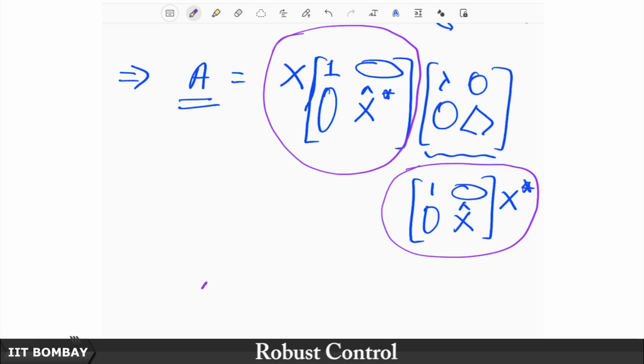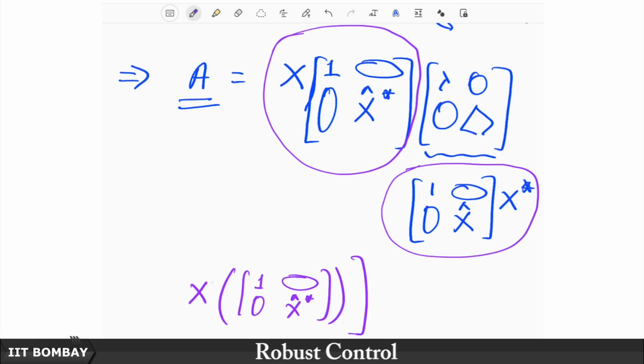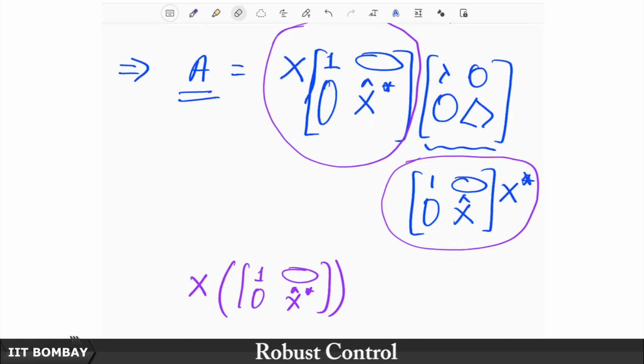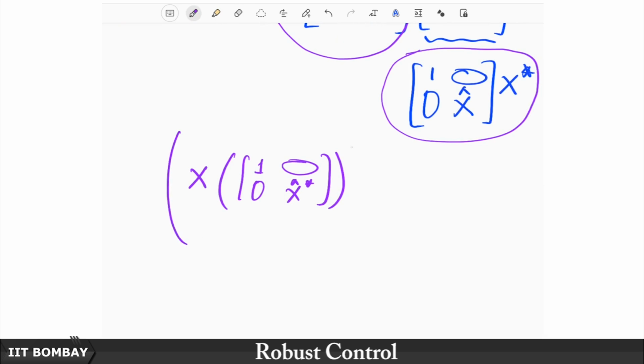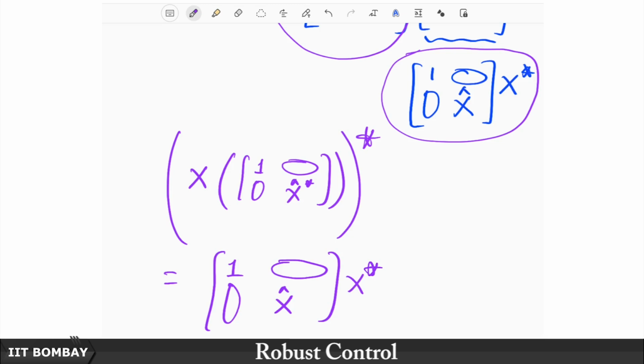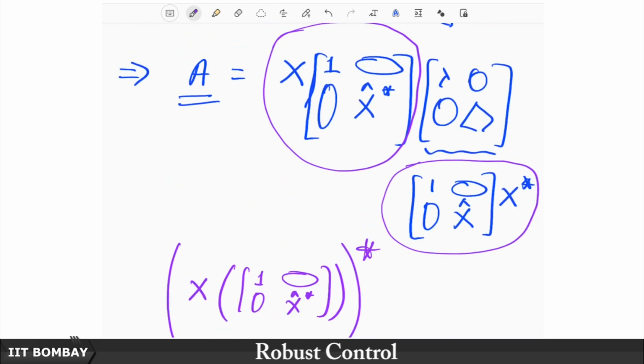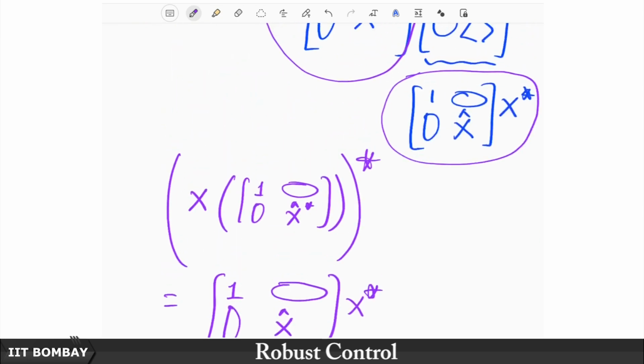So for example, you take x times 1 0 0 x hat star, take this whole thing's transpose conjugate, Hermitian. Then of course, the order of multiplication gets reversed. So the 0 part remains the same and this becomes x hat. So one is the conjugate of the other, but now we have to also show that these are unitary.